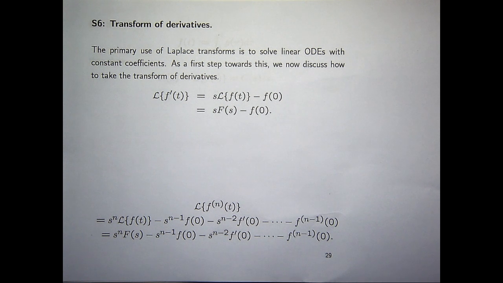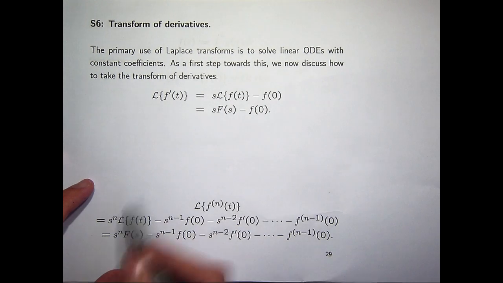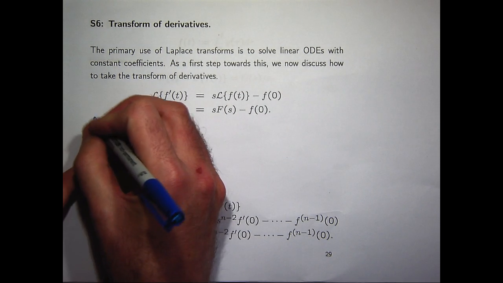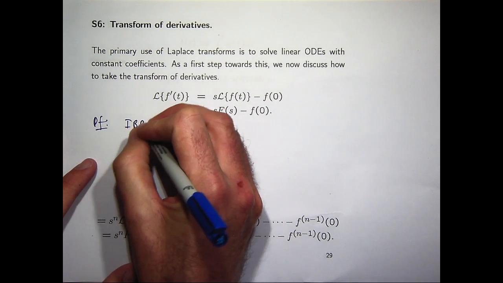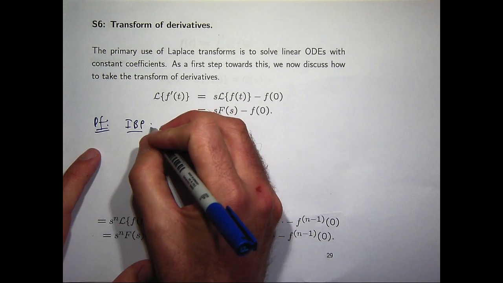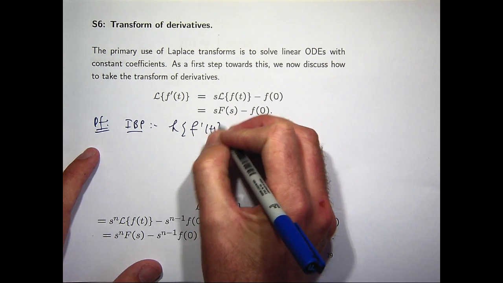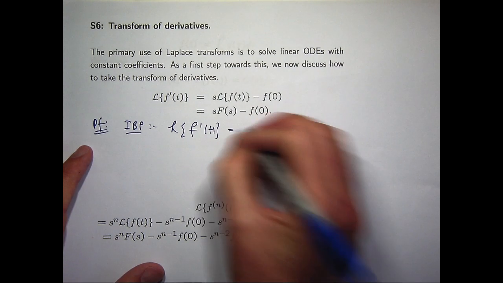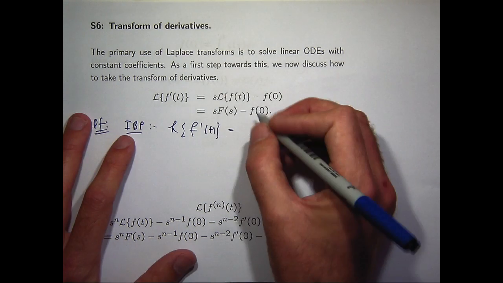Okay, so why is it true? Well, essentially it's just integration by parts. Okay, so I'll just prove the first one, and then there's a general one for, say, the nth order derivative. So we use integration by parts. Okay, so we just use the first principles, our definition of the Laplace transform.